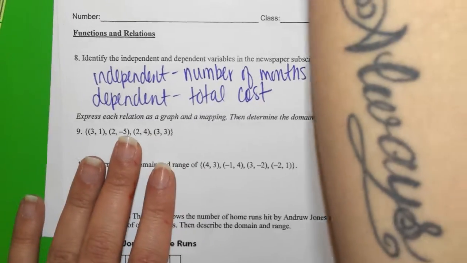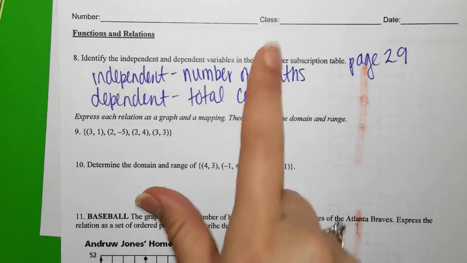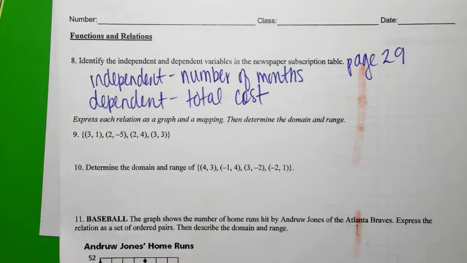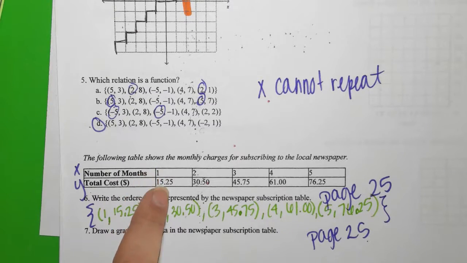Why do you think that the months that you subscribe to a newspaper is independent? Why do you think that controls your total cost? The number of months is your independent. So if I purchase only 1 month subscription, how much is it going to charge me? 15.25. What if I purchase 4 months? 61. What if I purchase 3? $76.25.